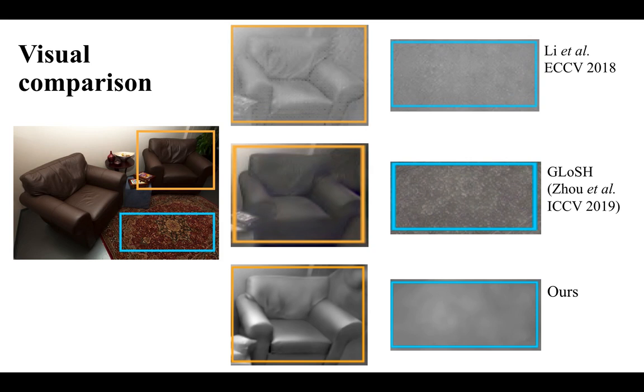We and Zhou both want to take surface normal as extra information, but we make use of it in different ways. Here, blue rectangles show that our shading results have the least texture residuals. Orange rectangles show that our method recovers the sharpest highlights and the sharpest geometry contours. Besides, Li's shading image is of low contrast.